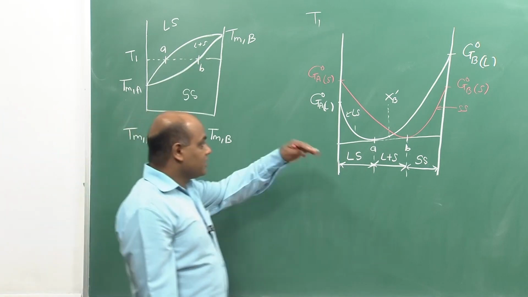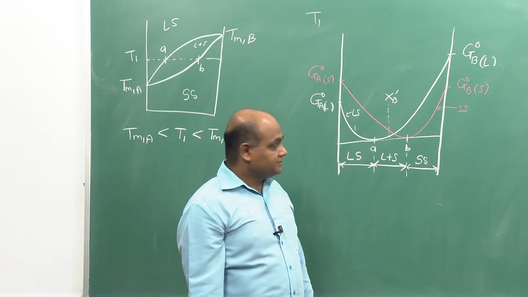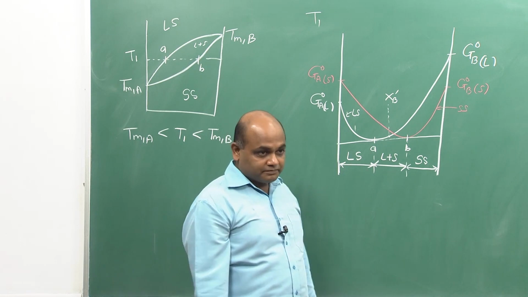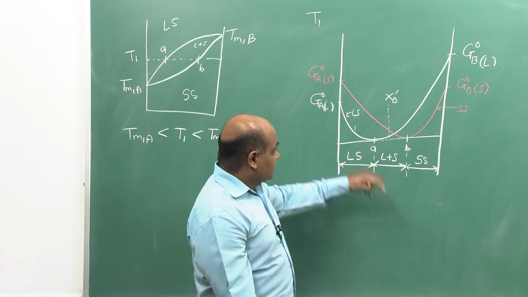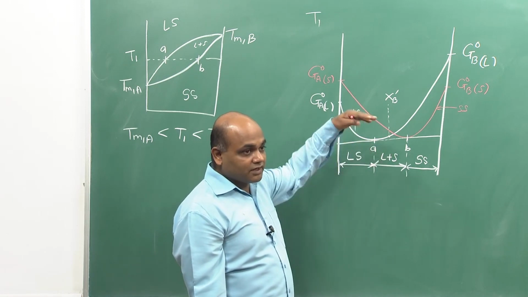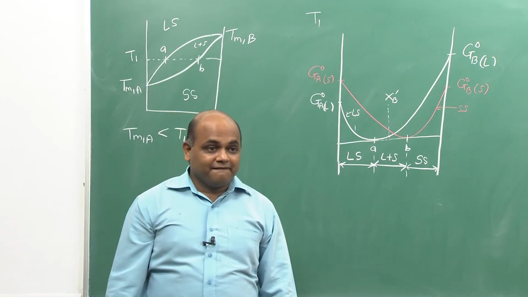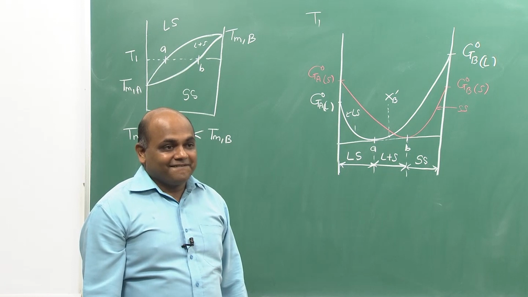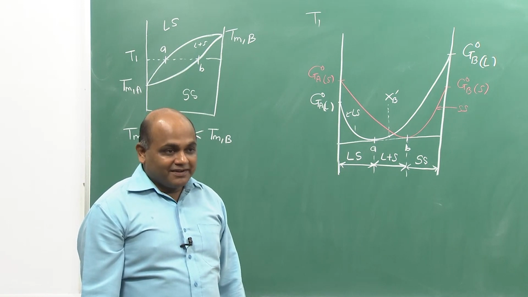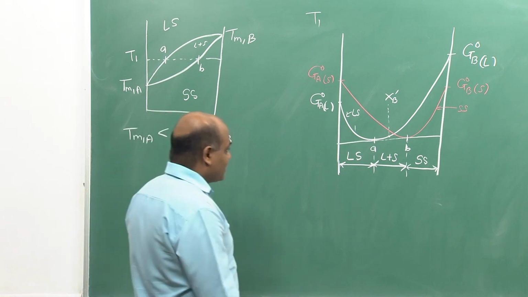So, if we increase the temperature, what should happen? Will the two curves shift up or down, or one will shift up, one will shift down? Exactly, both the curves will shift down.